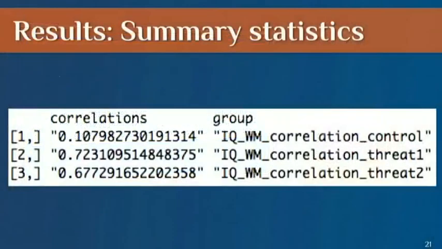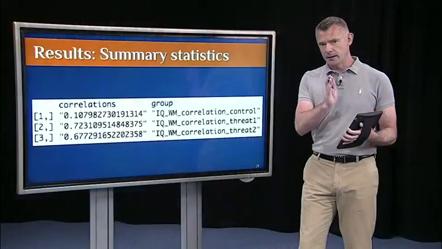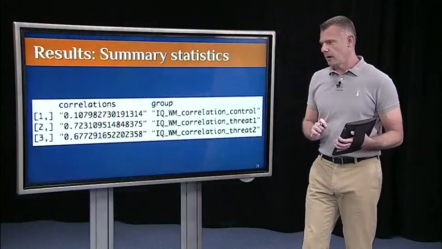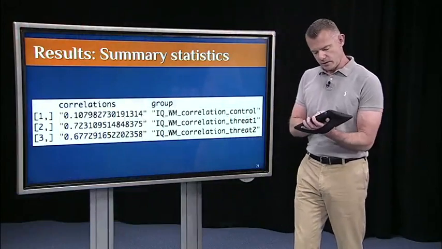So just by eyeballing these correlations, I know that this moderation analysis is going to yield a significant moderation effect, because look at that change in correlations. There's a really strong correlation between working memory capacity and IQ in the threat conditions, but not in the control condition. Again, I'll explain why that happens when we get to the end of the moderation analysis.